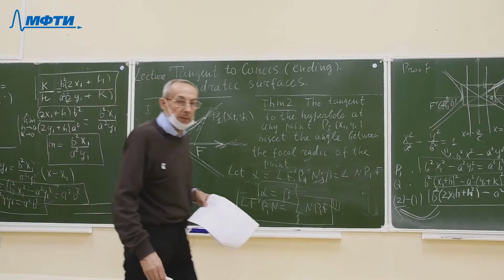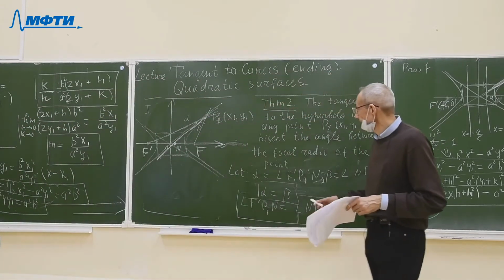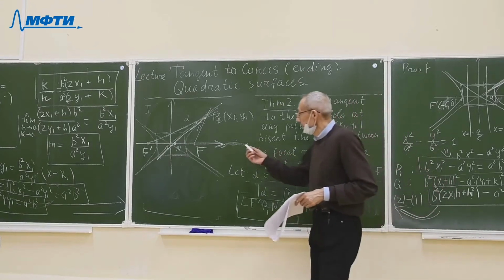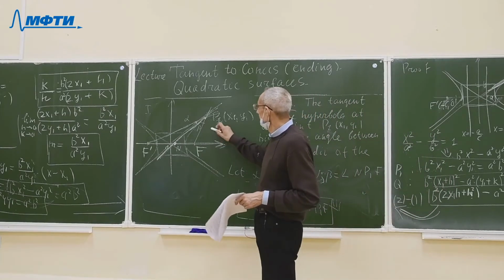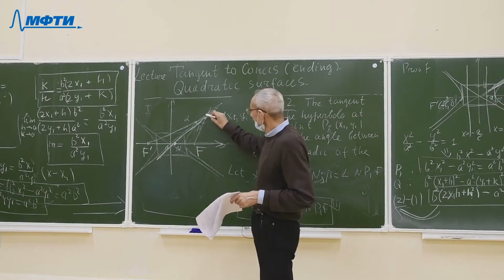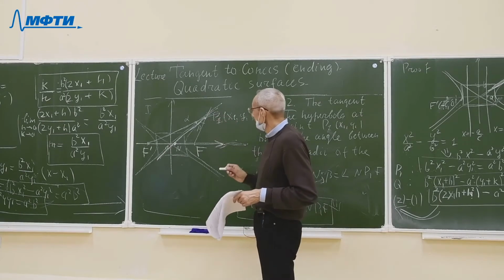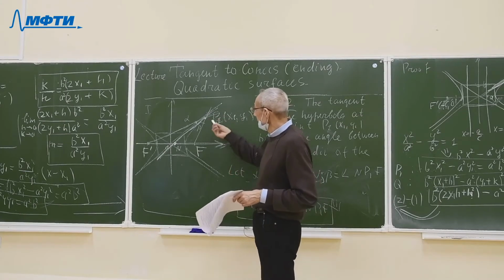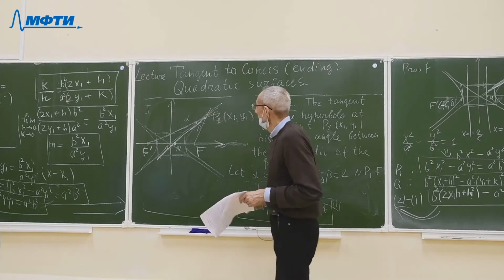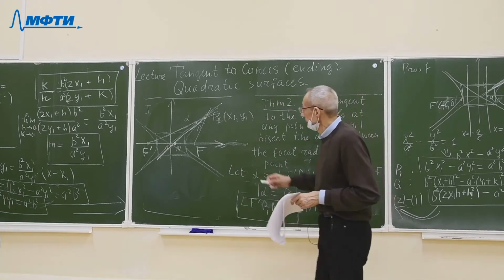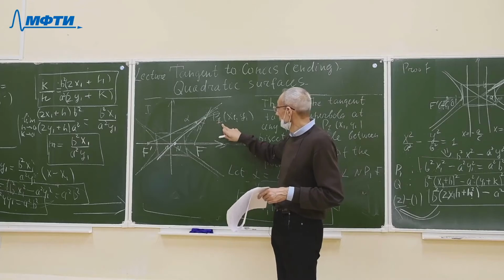For the ellipse, we have the same assertion, but it is the normal to the ellipse at the point P1 that bisects this angle.